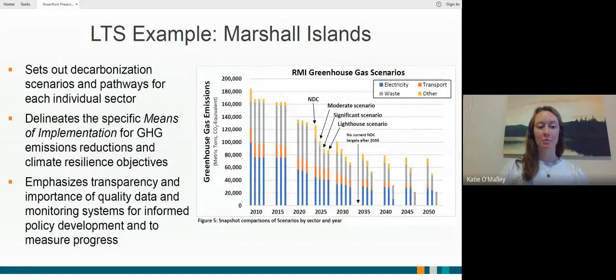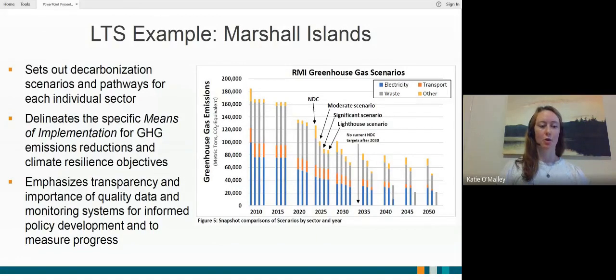A sector-by-sector approach, as we talked a little bit about before with the earlier examples, is an essential way to build up an LTS and figure out which goals, which targets are reasonable for each sector, and set those specific goals and pathways to 2050. So the graph here shows greenhouse gas emissions on the y-axis and the same x-axis time series, similarly to the graph on the previous slide.